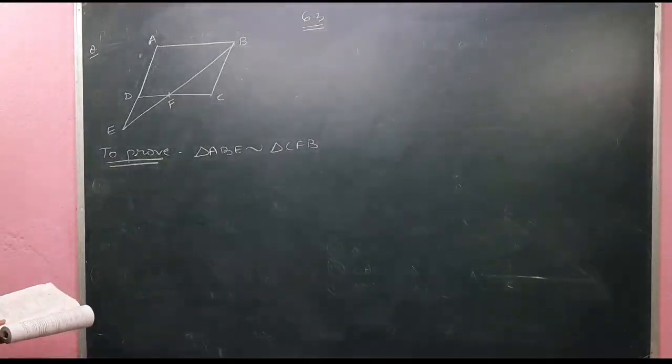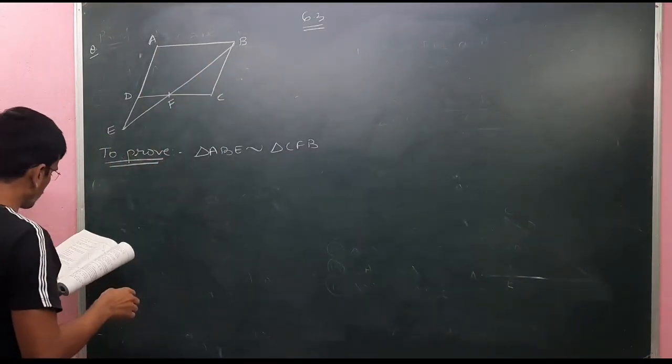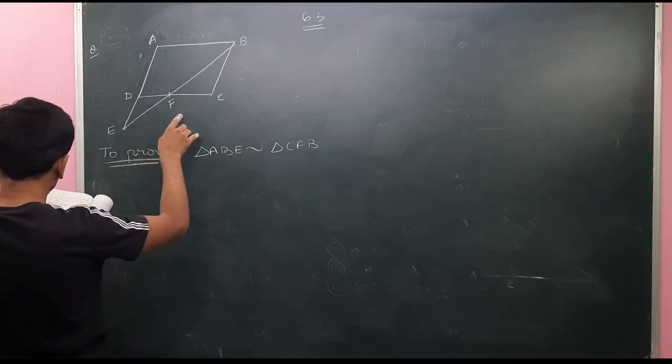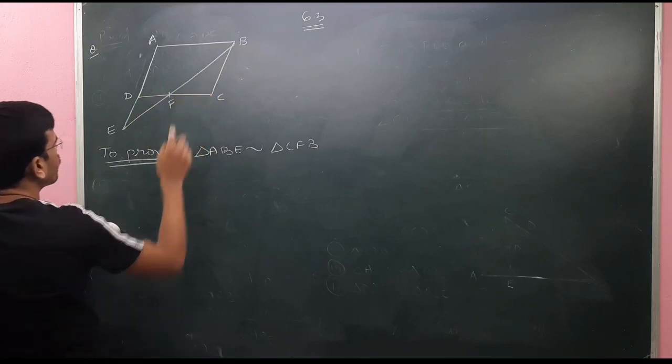ABE means this triangle is similar to CFB, this triangle.